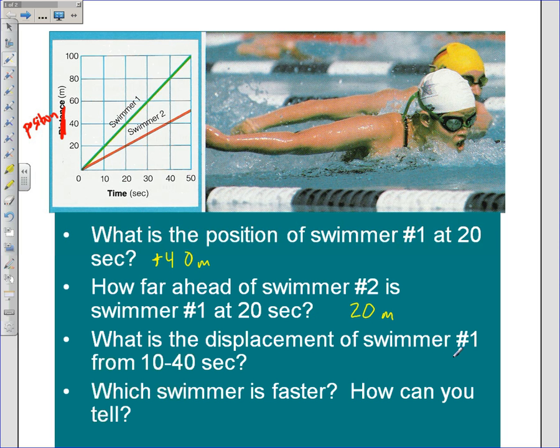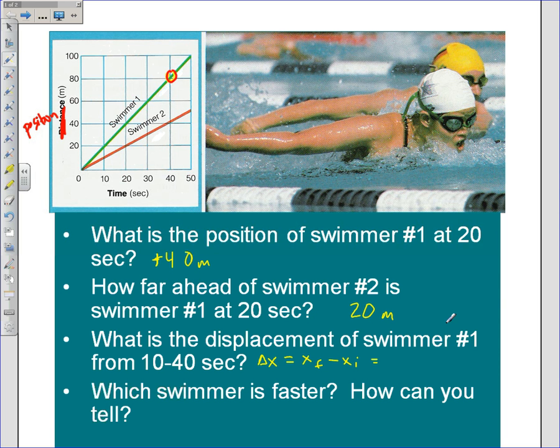What is the displacement of swimmer number 1 from 10 to 40 seconds? Hopefully you remember displacement, the change in position, is calculated by doing x final minus x initial. If we look at this graph, 10 to 40 seconds, 40 seconds is going to be our final position for swimmer number 1. So that's right there. Probably should have used a different color.